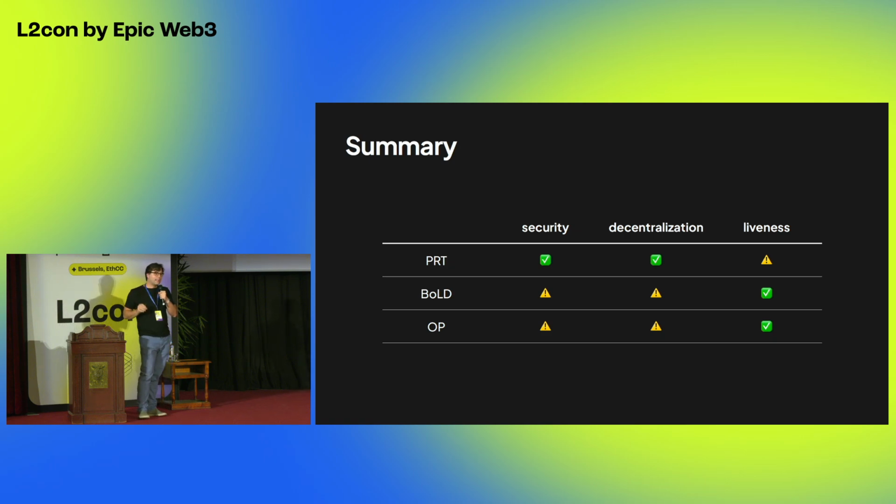If you want to get into the details on how they're different, I suggest you read that post I showed you. On our side, we are researching new techniques to try to improve that yellow liveness right there in our algorithm, because we really want everything to be green. We're putting in the effort. We're not satisfied with the current situation. We really want to reach this end game of fraud proofs where every column is green.